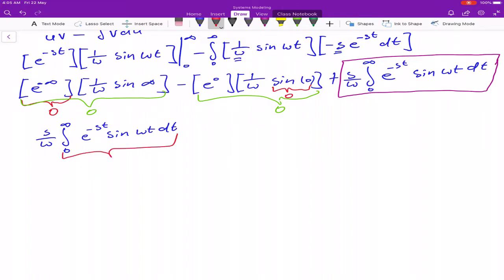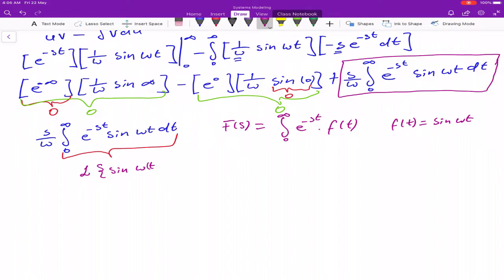Because, remember, let's write our Laplace transform equation again. We say that the Laplace transform F of s is equal to, we are integrating between 0 to infinity, e to the minus st times a function f of t. Now here, our function f of t is equal to sine omega t. So hence, this whole thing is the Laplace transform of sine omega t.